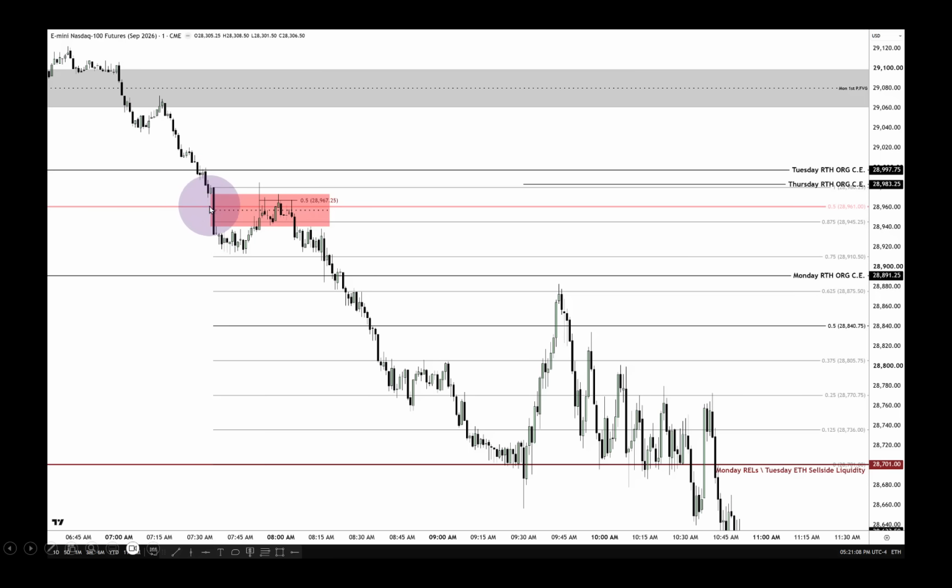Okay. So we have sell side imbalance, buy side inefficiency. The body tells you the narrative. It's accurate in terms of getting ranges to project them down to a pool of liquidity and defining that candle high to this red line here, 28,701. It's a finite level.